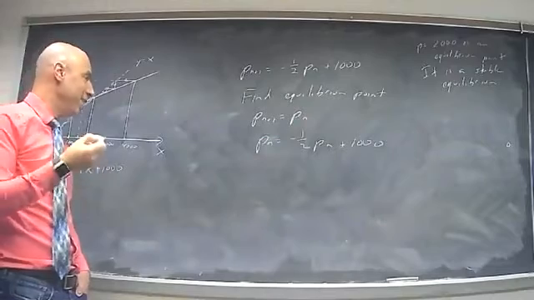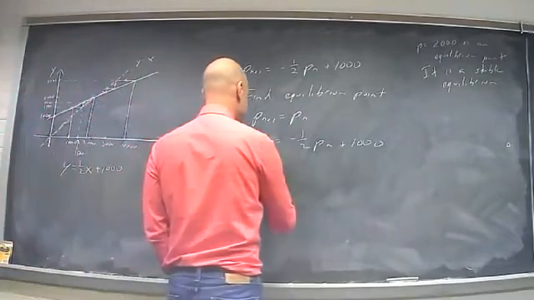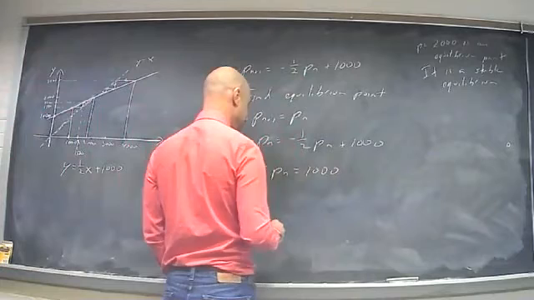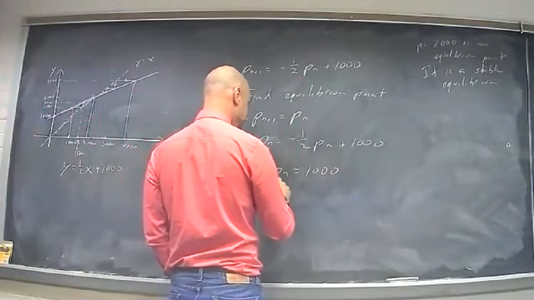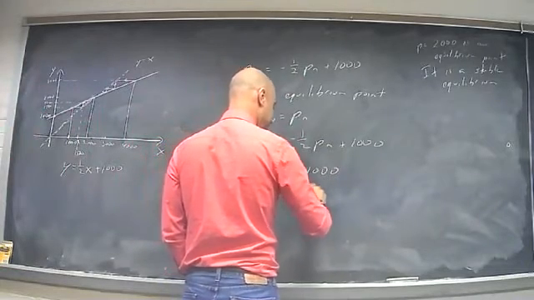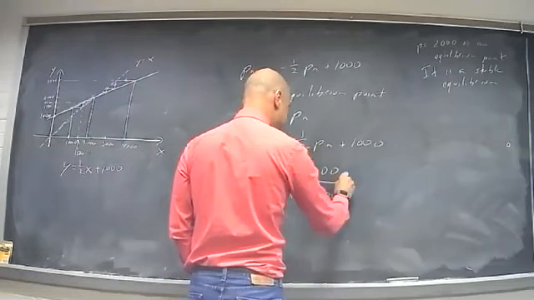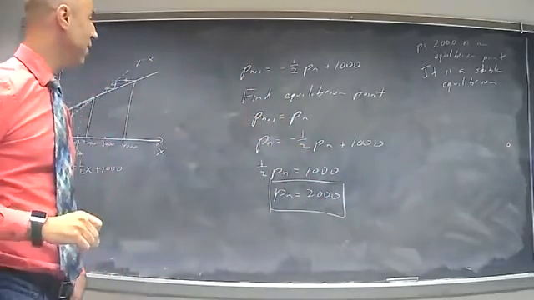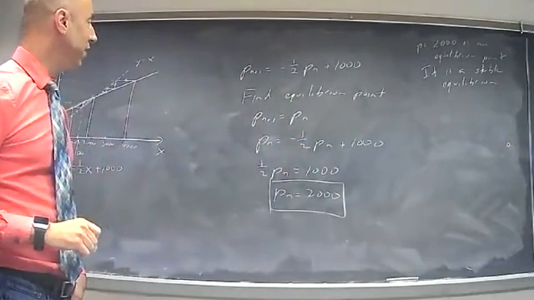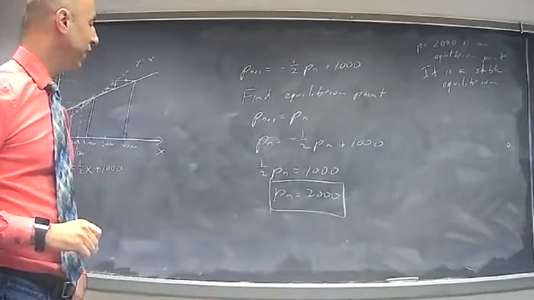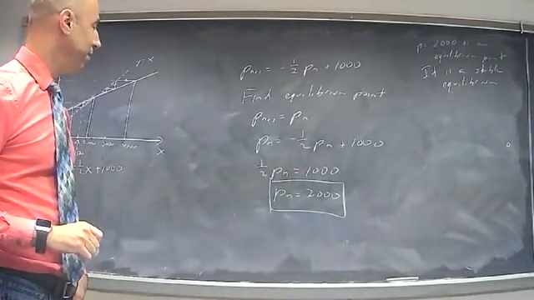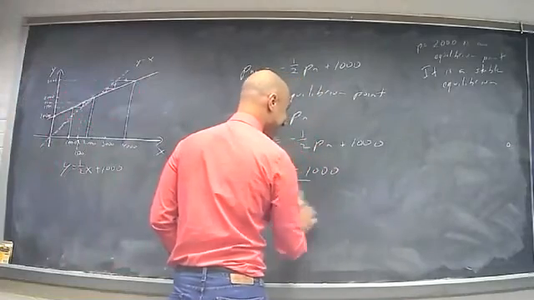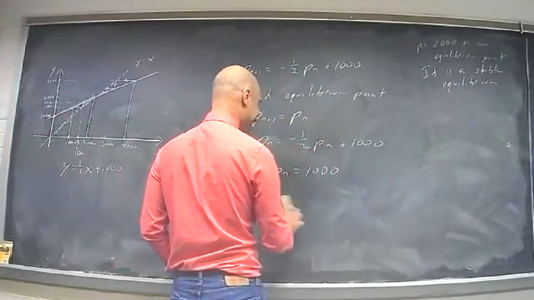We can add half Pn to both sides. So I end up with 1/2 Pn equals 1,000. If I multiply both sides by 2, I get Pn equals 2,000. Wait a second, did I mess up? Yes, I did. Sorry about that. I can't do arithmetic.